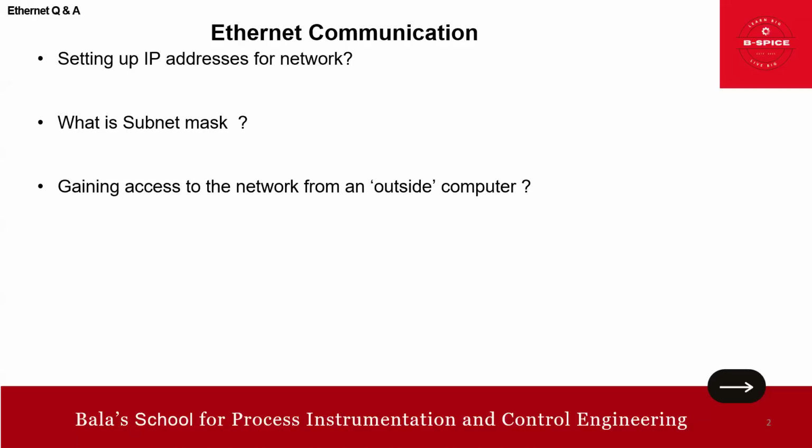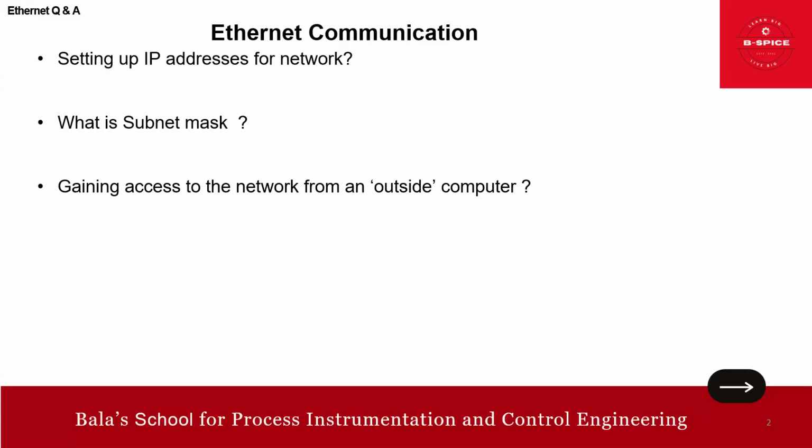Then, gaining access to the outside computer. How to gain access to the network from an outside computer, right? So access by an outside computer can be handled in different ways, depending upon the level of security required.